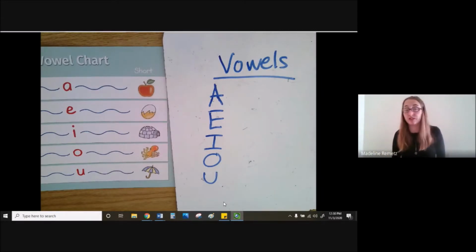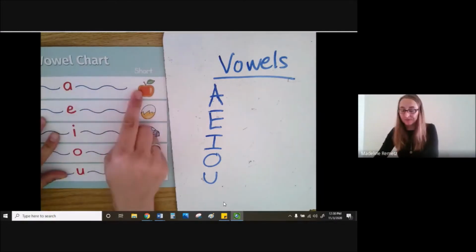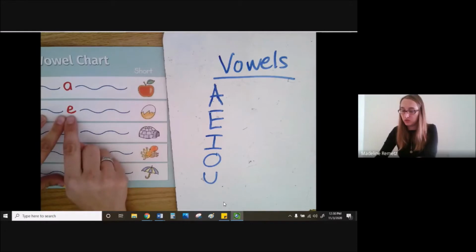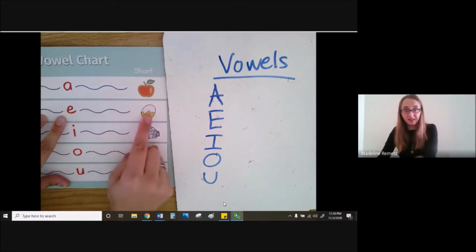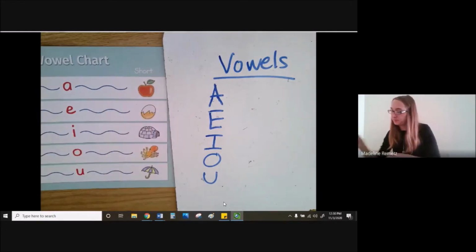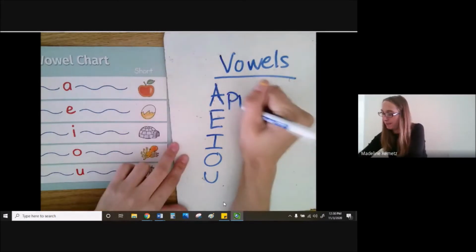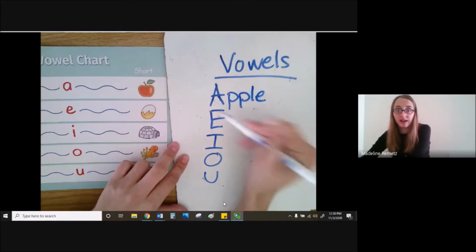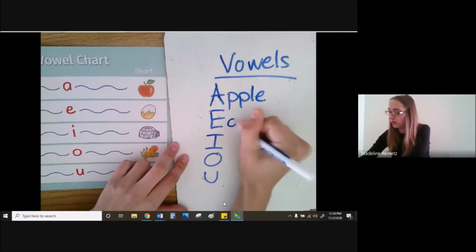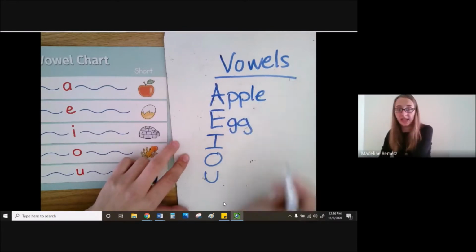And you don't really care, so you go eh. So far we have A, E. So apple, E goes to egg. So we've learned the word apple and the short vowel sound. We heard the word egg and the short E sound.